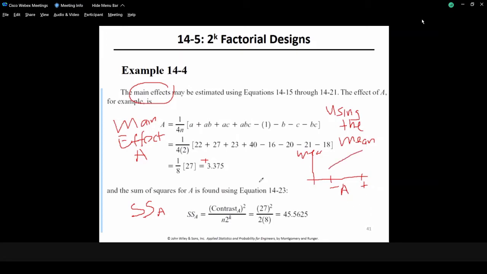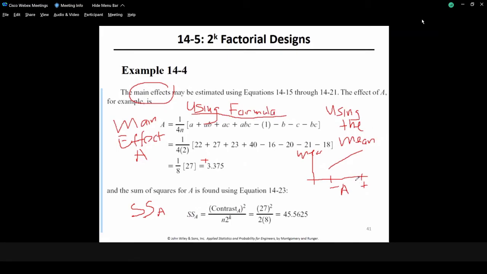This is using the formula, not using the mean.